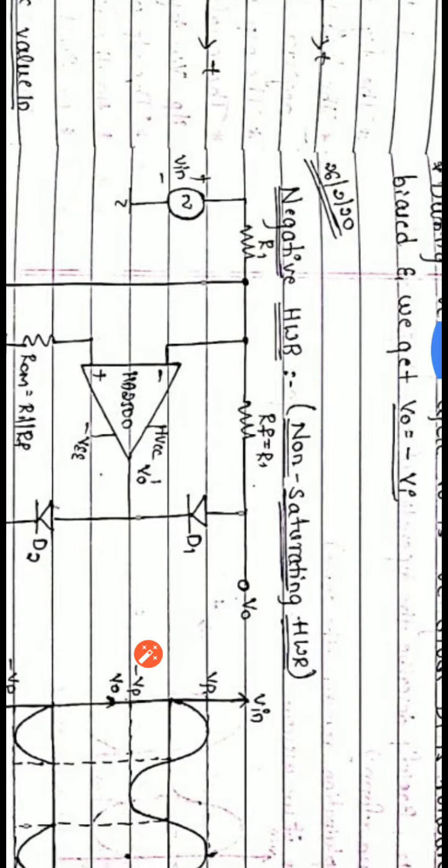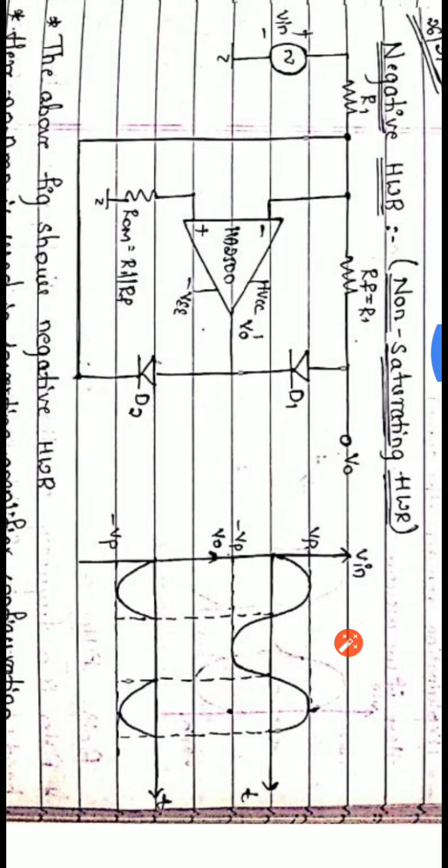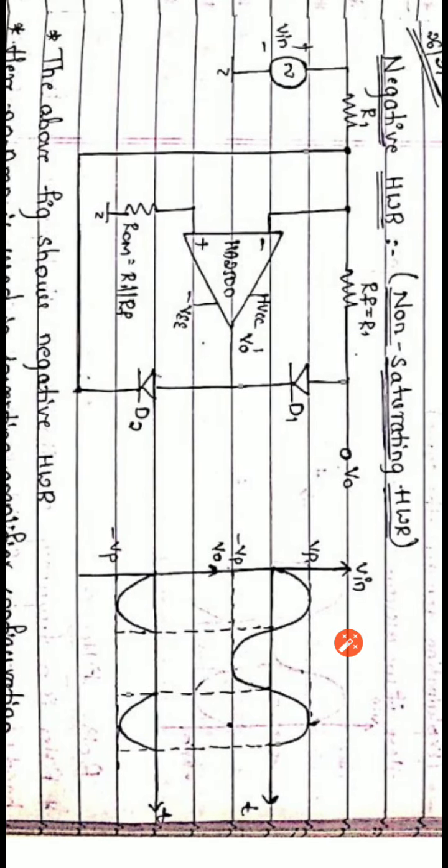We have taken one circuit, which we call the negative half wave rectifier, nothing but the non-saturating half wave rectifier. This circuit will prevent the op-amp from entering into the saturation region, either plus VCC or minus VEE, because when the diode is open circuit we are expecting 0 at the output, but instead it may enter into saturation.